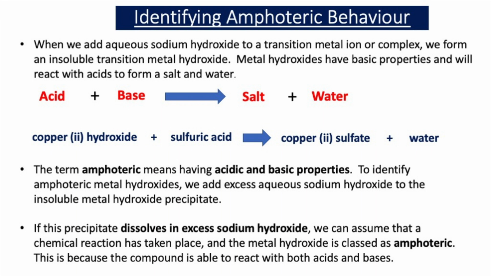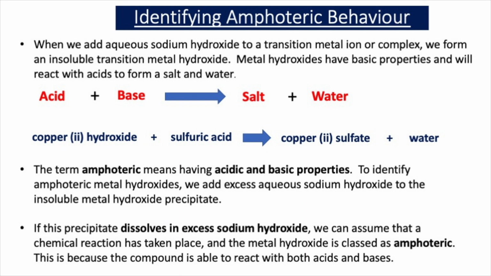These metal hydroxides have basic properties and will react with acids to form a salt and water. So, for example, copper(II) hydroxide would react with sulfuric acid to form copper sulfate and water. And the term amphoteric means having acidic and basic properties. In other words, it will react with both acids and bases.